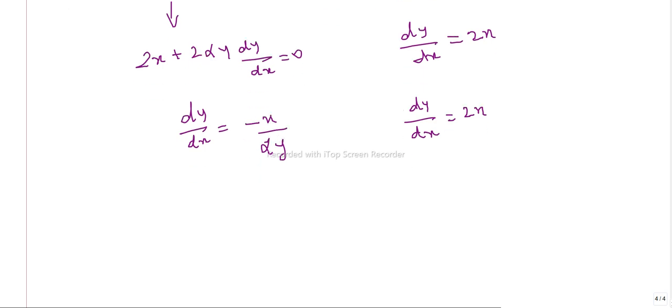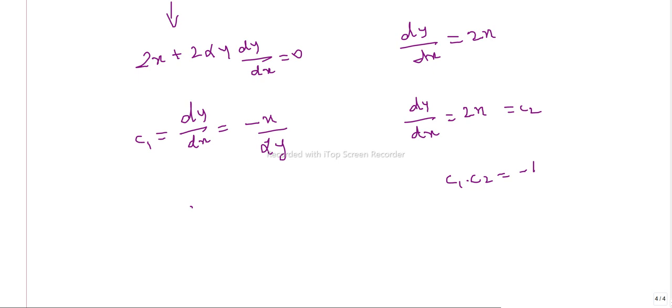This family we can call C1 and this C2. C1 into C2 should be minus 1. That is the definition of orthogonality.